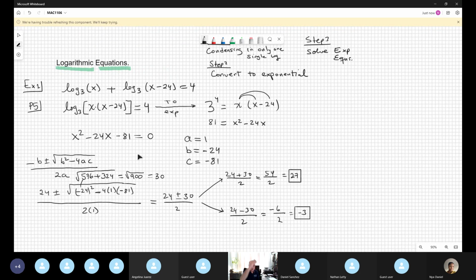It is mandatory to do the checking. You check 27 and negative 3 in the original equation. What is the original equation? That one. I check it for 27.